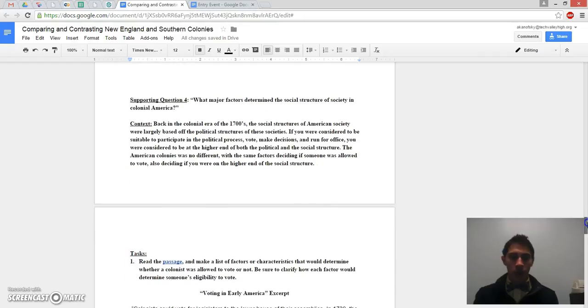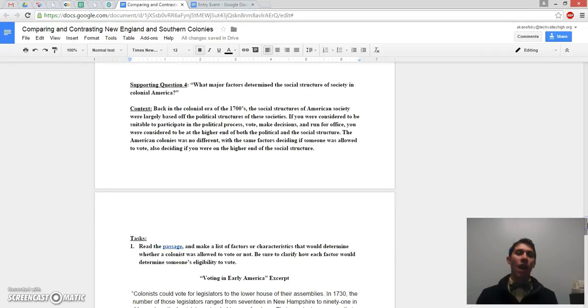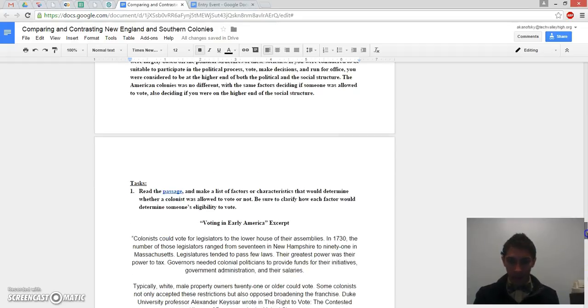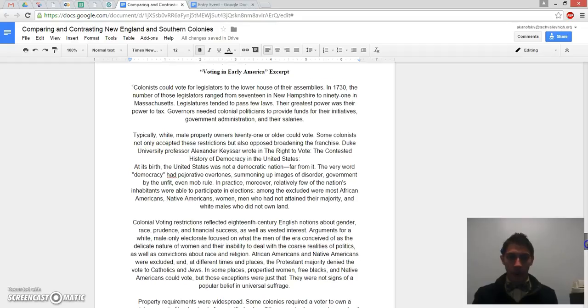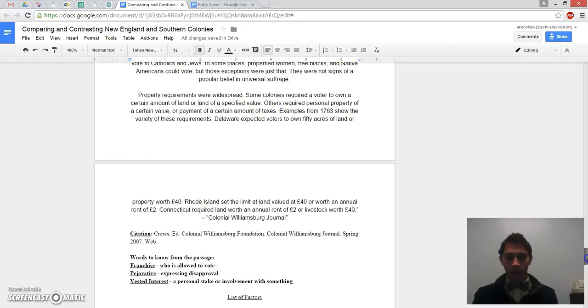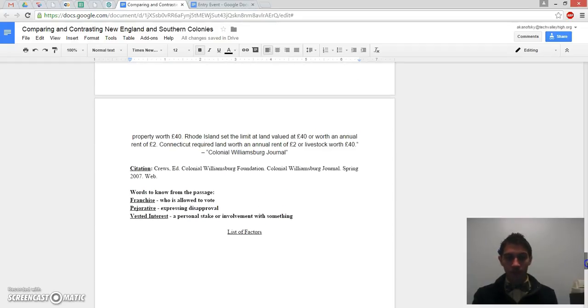And then the last one, a little separate, what major factors determine the social structure of society in colonial America? So we're taking a step back from the geography, the economics, and the labor used to support these economies, and we're looking at the social structure of the northern or the New England colonies and the southern colonies. And what you're going to do is read a couple passages again. Voting in Early America, an excerpt from that. That was an essay from the Williamsburg Foundation.